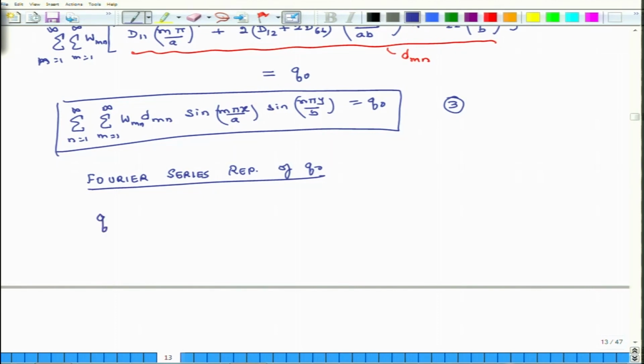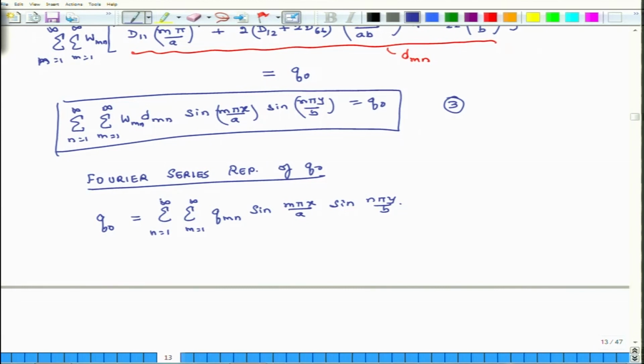We will assume q naught, which is a constant, is equal to the double sum of Qmn sin m pi x over a sin n pi y over b, with m equal to 1 to infinity, n equal to 1 to infinity.